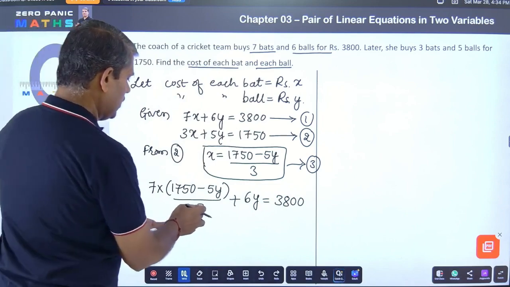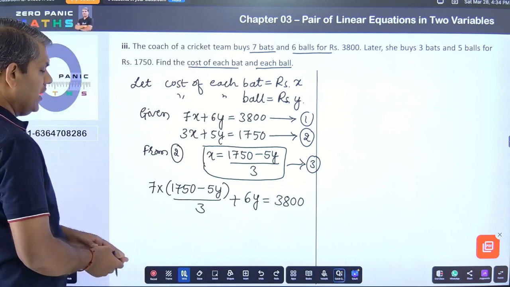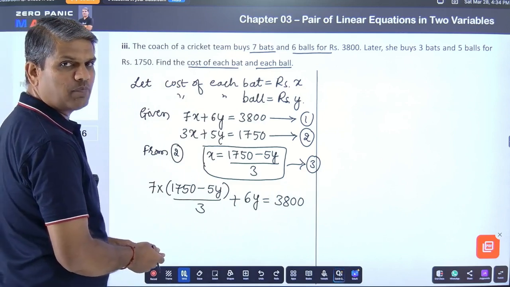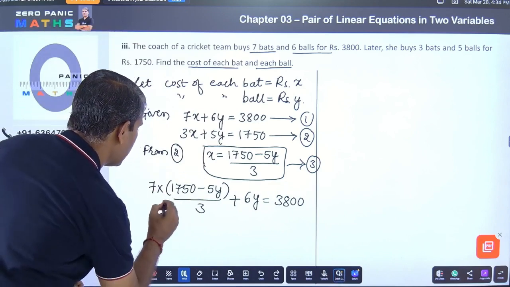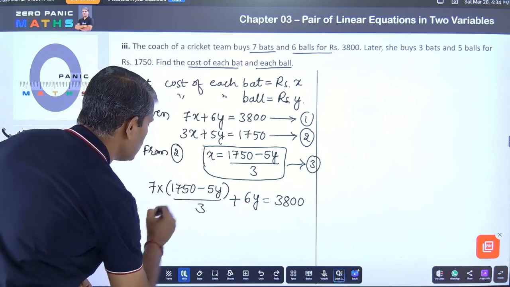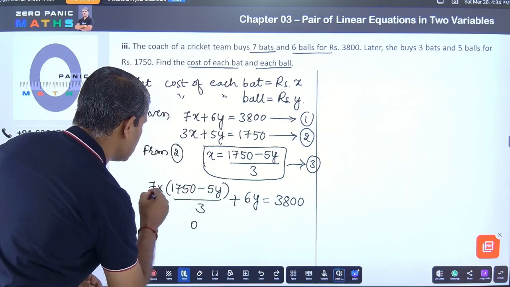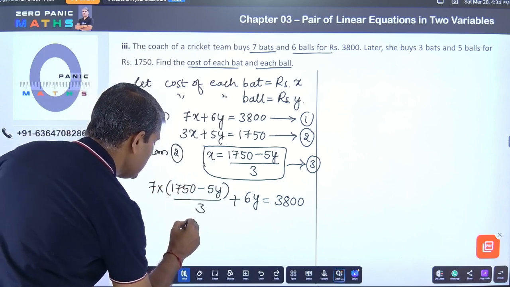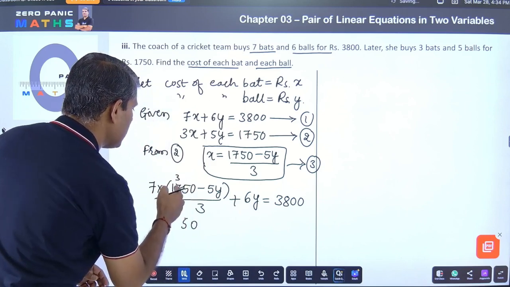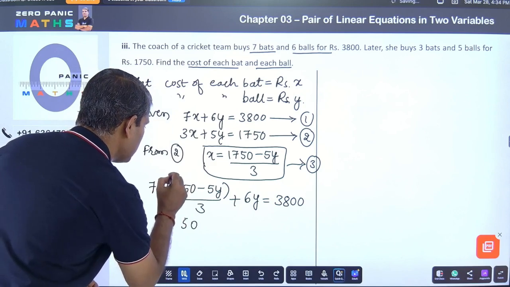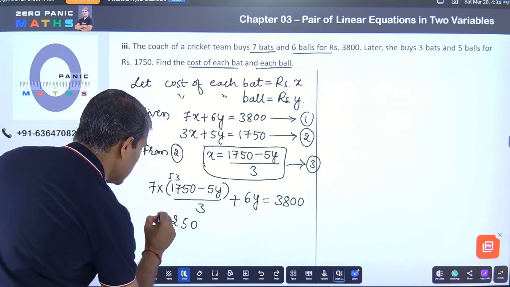Now you need to do the cross multiplication and take 3 to that side. We have seen so many examples like this in the previous sessions. Let us multiply 7 by 1750. 7 zeros are 0, 7 fives are 35, 7 fives are 35, 7 sevens are 49 plus 3, that is 52. 7 ones are 7 plus 5, that is 12.